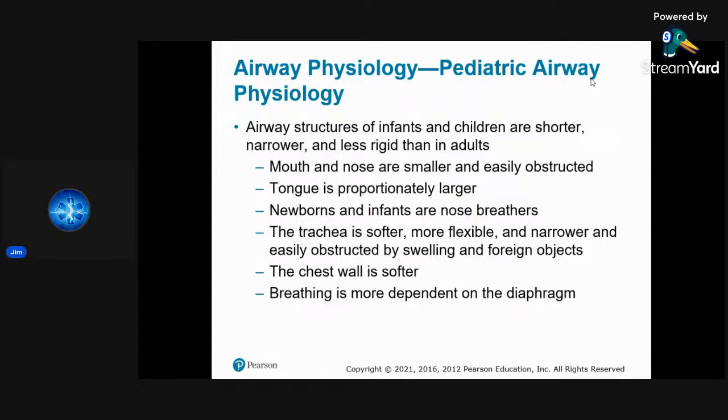Pediatric airway physiology. Airway structures in infants and children are smaller, narrower, and less rigid than adults, right? We've talked about this several times. Their mouth and nose can be easily obstructed. The tongue is proportionally larger, which is a big issue as far as obstruction when they lose tone for some reason or become altered. Young children, newborns and infants, are predominantly nose breathers.